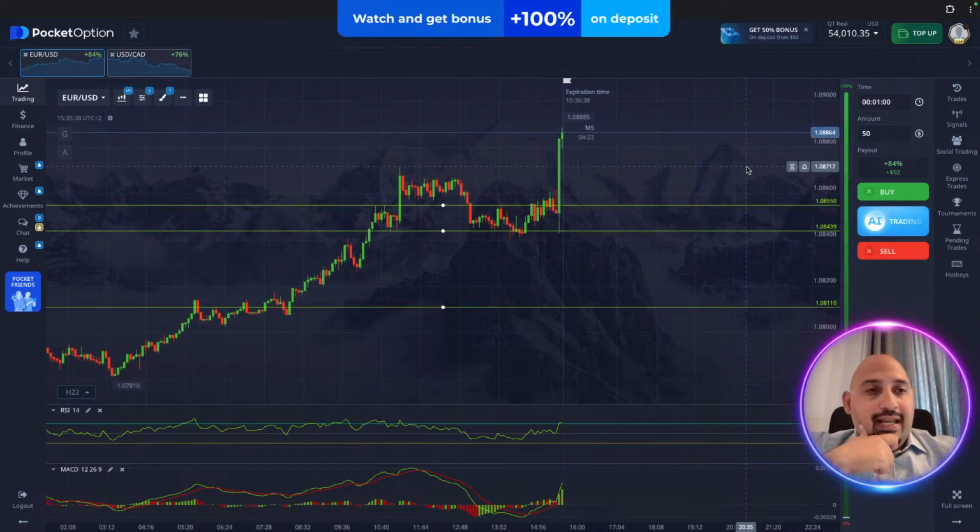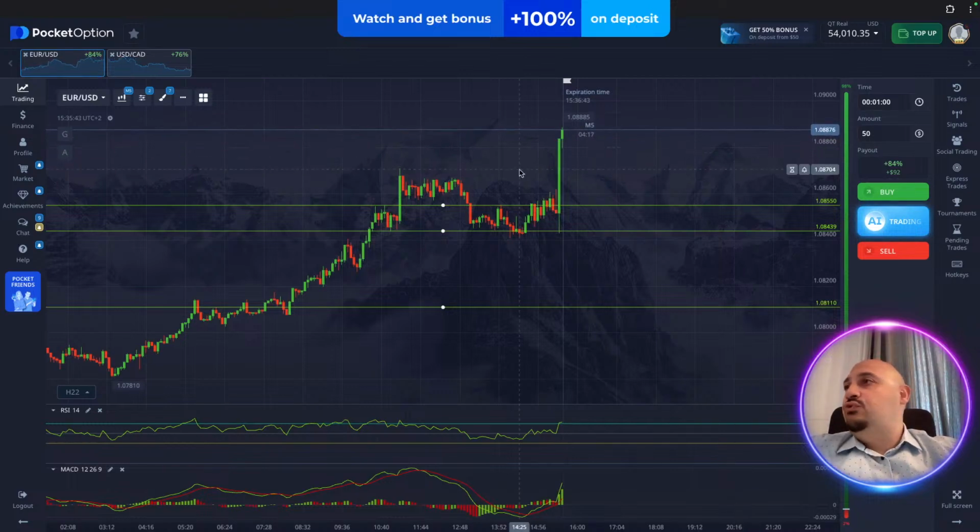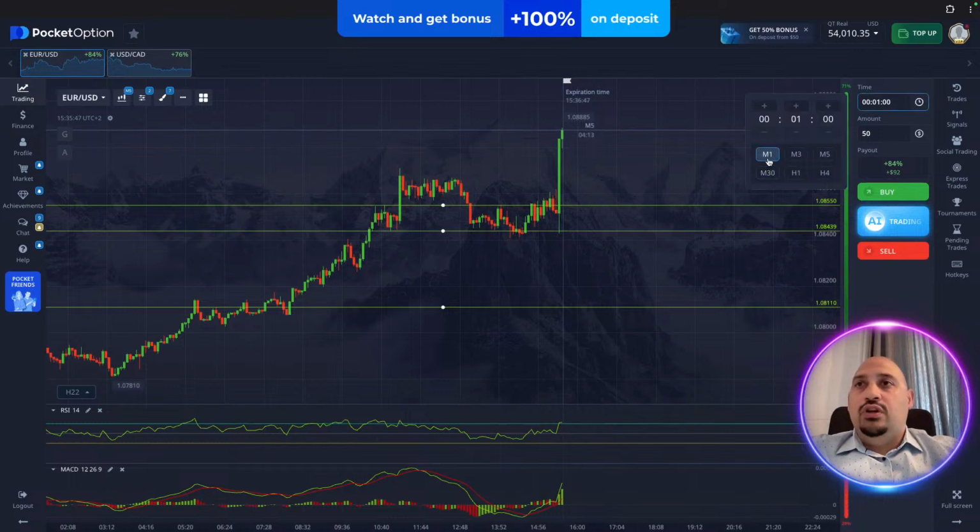Are there any settings for traders, for fast traders? Well, of course. Trading here on options, look at that, you can choose 1 minute, 3 minutes, 5 minutes. Trading on 1 minute on its own is kind of insane. What do I mean by that?